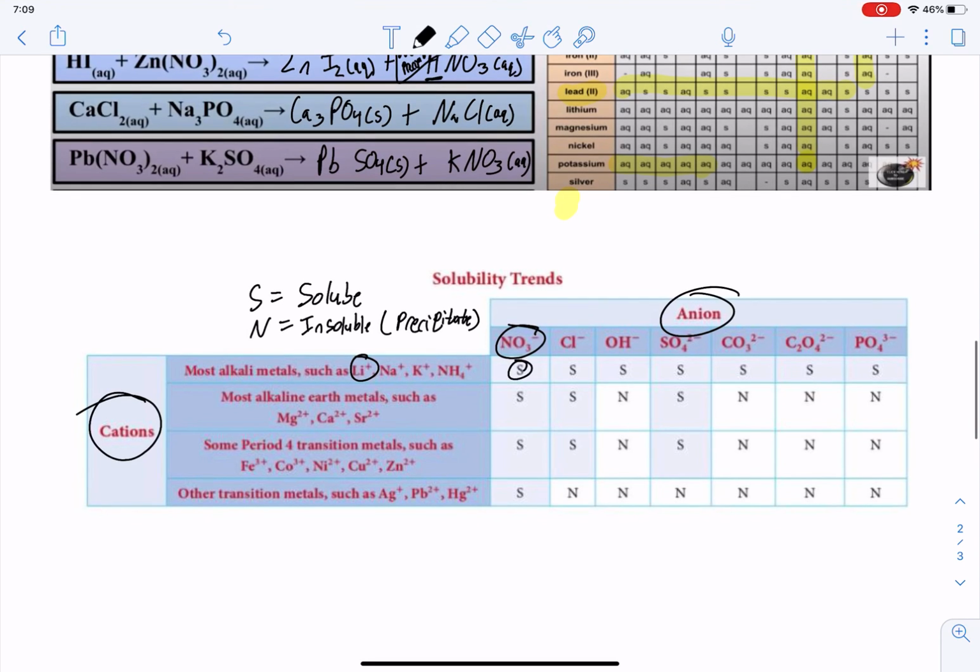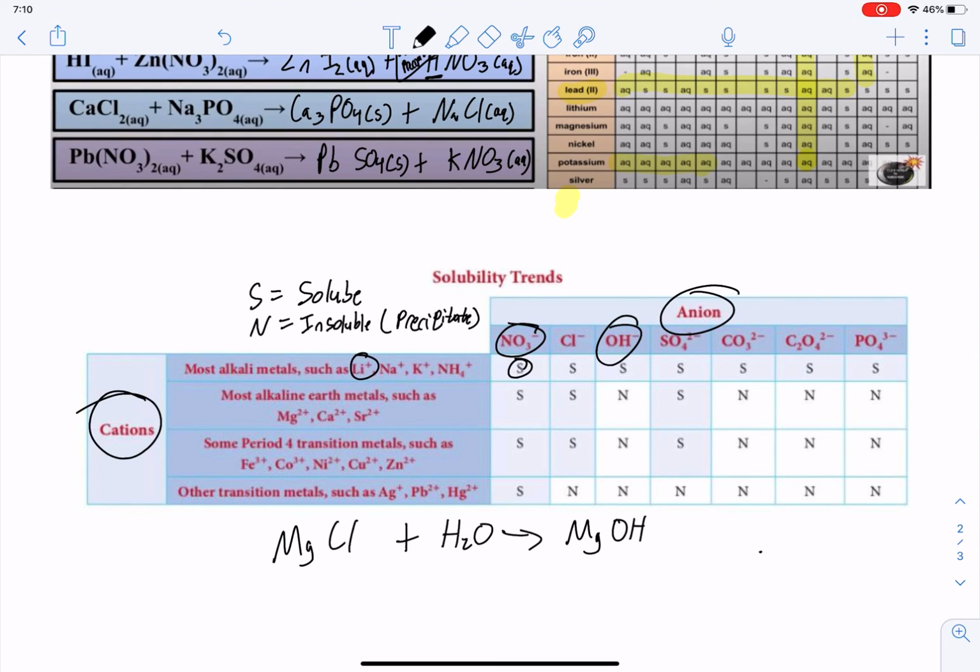Okay, and then one last thing to think about here is water. Can we determine if something will form a precipitate in water? Let's say we have something like magnesium chloride plus H2O. We put that in water. Will that form a precipitate? Anytime you're using water, we're actually using a hydroxide ion. So this is going to be magnesium hydroxide.